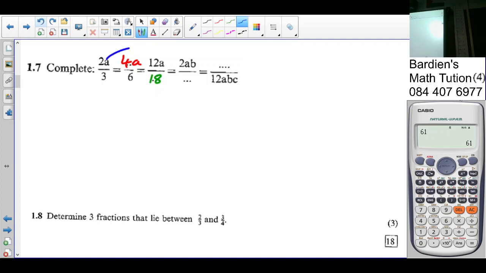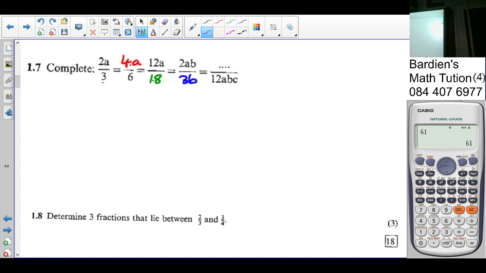How do I get from 2a to 2ab? Times it by b. So I will multiply that also by b, not so? So that's going to give us 3 times b, 3b.